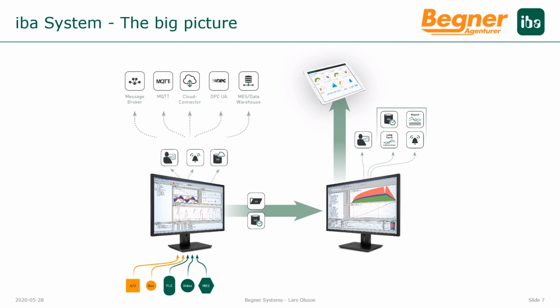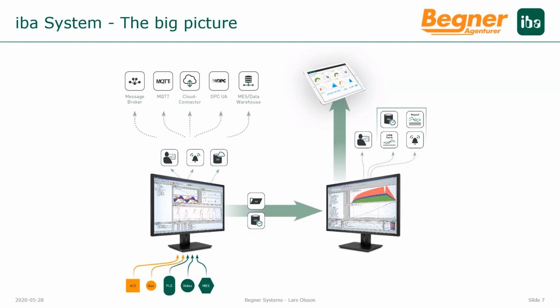There's also a south to north stream of data possible by using the broad connectivity of IBA to different signal sources. We can take in some signals from processes, maybe treat them a little bit or process them in the IBA PDA, and then directly push them north, let's say through OPC UA or some other interface for other systems to use, like an MES system or something like that.